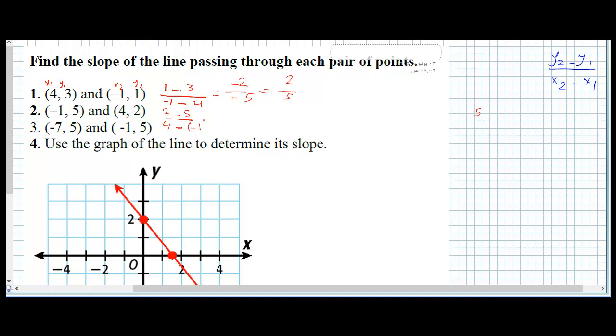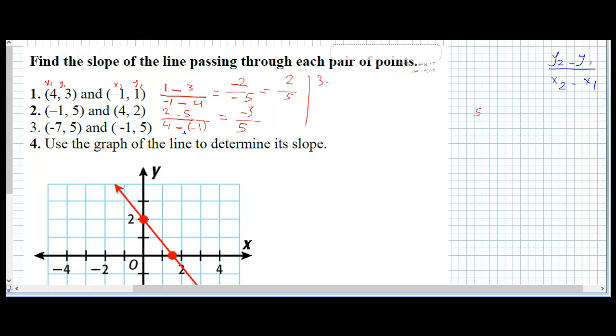I cannot put a negative directly, so put the other one in a bracket. 2 minus 5 means -3. 4 minus -1: negative multiplied by negative is positive, so 4 plus 1 equals 5. The answer is -3 over 5.